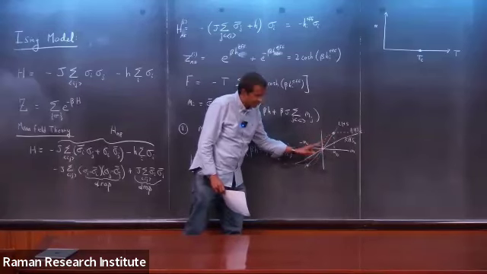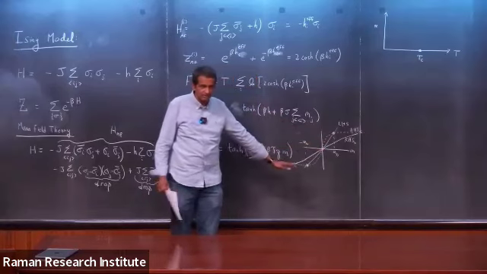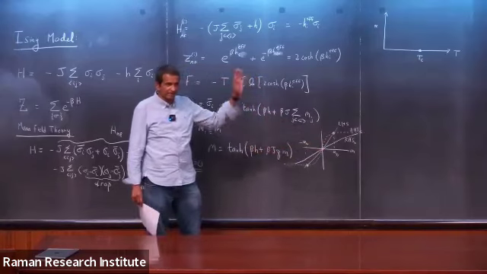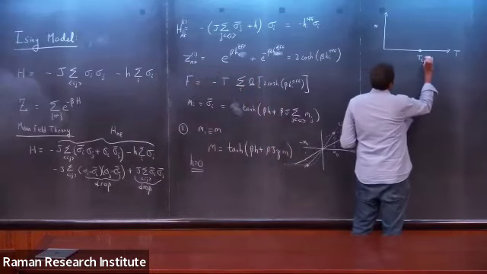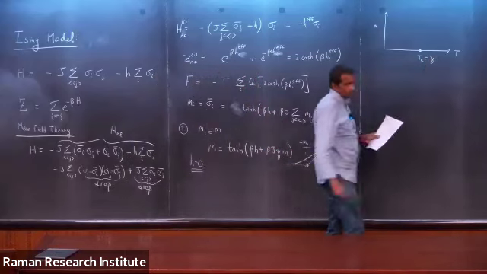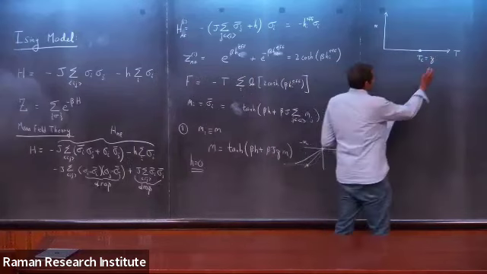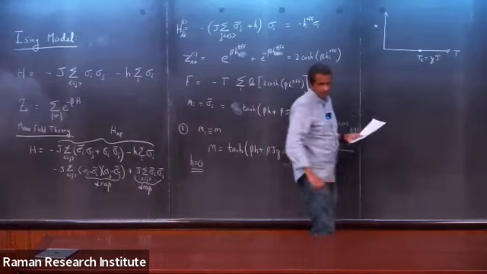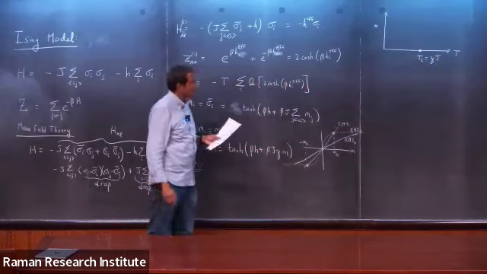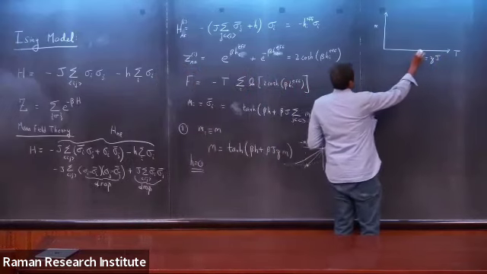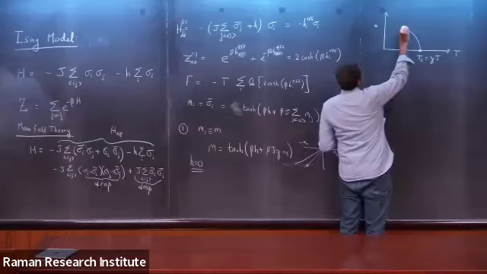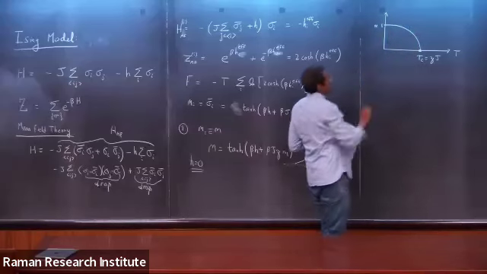Then you get a triple root in some sense to this equation, exactly like in the van der Waals critical point. This T_C turns out to be just the coordination number times J, so that's an energy scale. As you lower the temperature, this magnetization increases and eventually goes to 1.